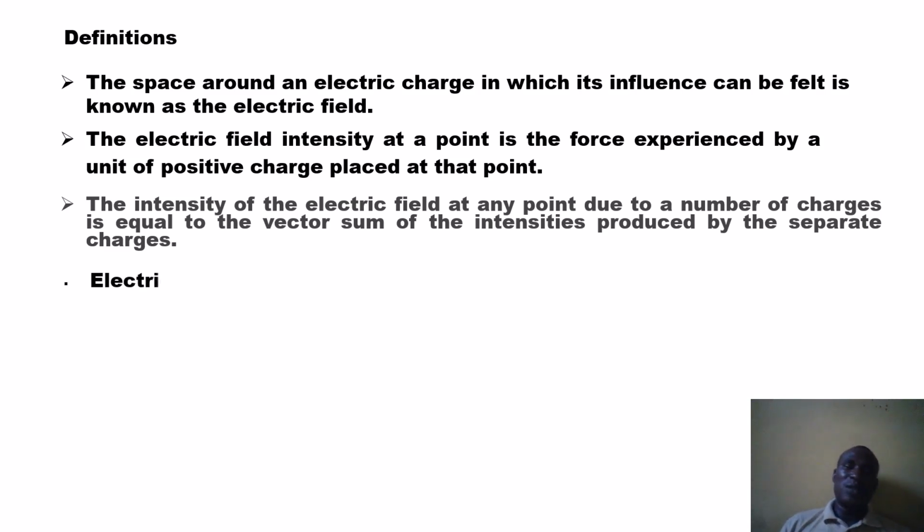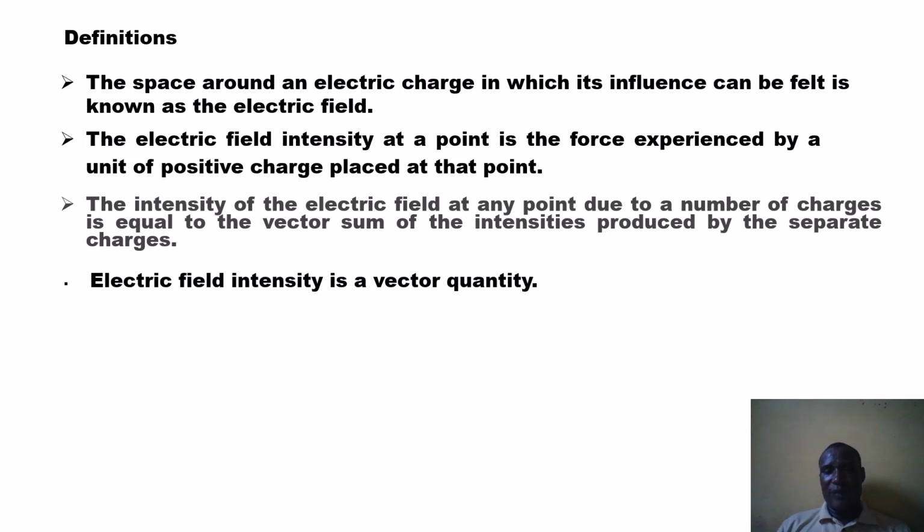Now let us quickly look at some points. Electric field intensity is a vector quantity. When we talk about a vector quantity, we are talking about something that has magnitude and direction, something that has a size, an amount, and a direction.